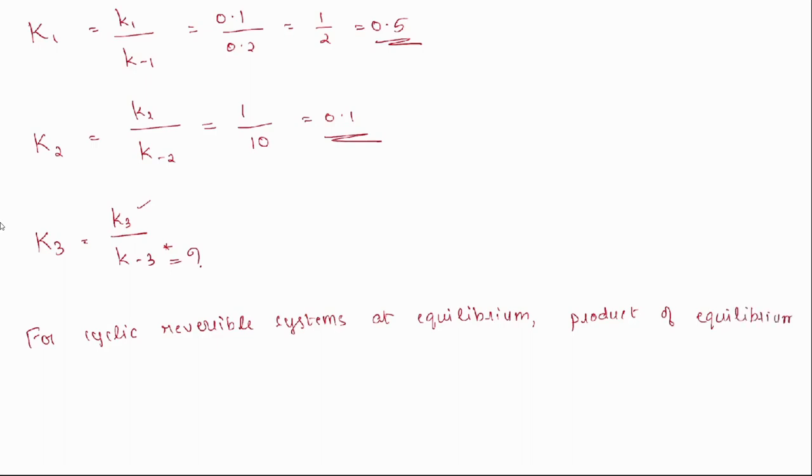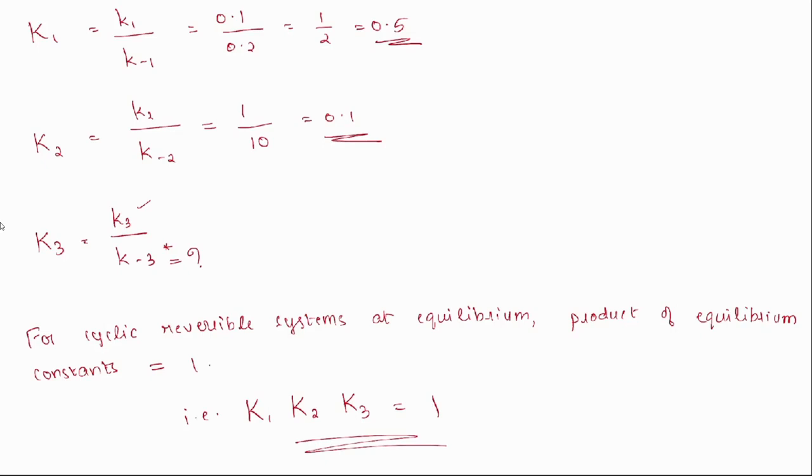This is something we need to remember when it comes to cyclic reversible systems at equilibrium. That means the product of K1, K2 and K3, the equilibrium constants, will be equal to 1. Again, the product of equilibrium constants for all the reactions included in a cyclic reversible system which is at equilibrium will be 1.